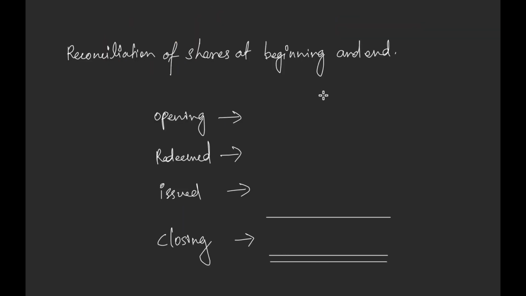Suppose for equity shares, we have an opening balance of 20,000, and in the same year, we have redeemed 5,000 worth equity shares, and we have issued 10,000 new equity shares. So what will be the closing balance?